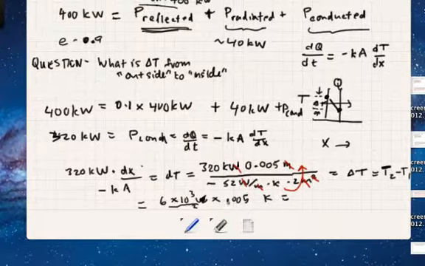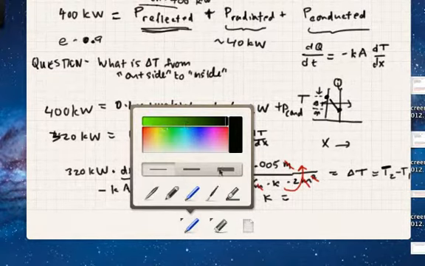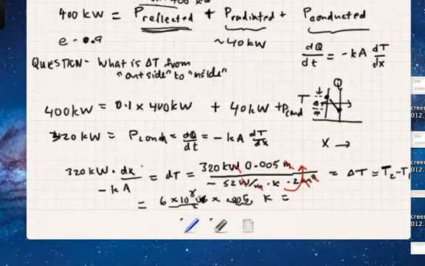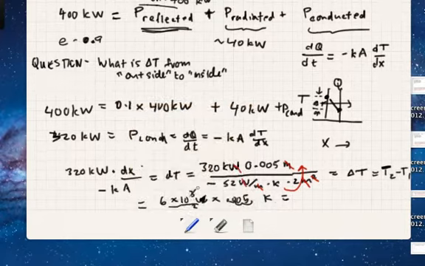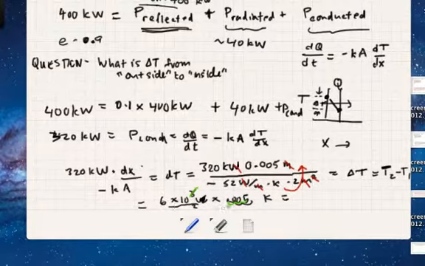Moving the decimal place 3 places, we have 6 times 5 divided by 2. So 30 divided by 2, roughly 15 Kelvin, negative 15 Kelvin. There's our negative sign, equals delta T.